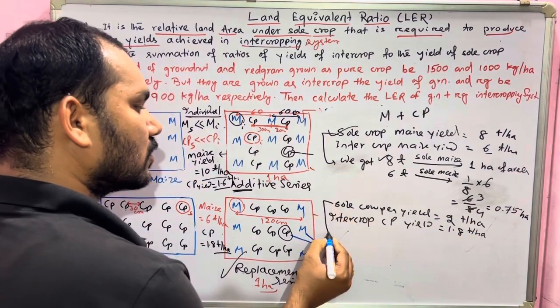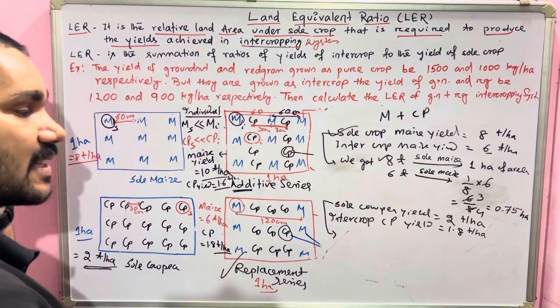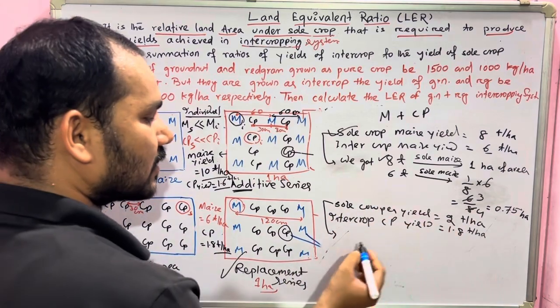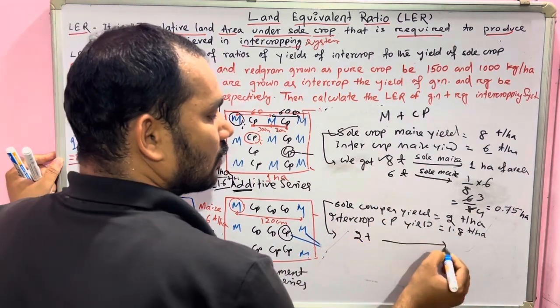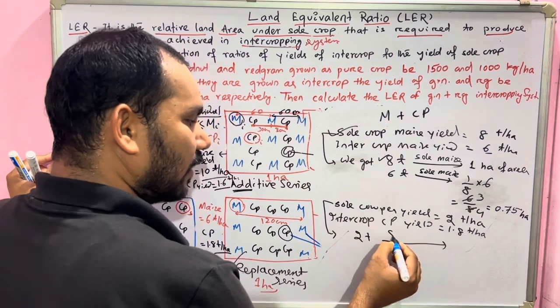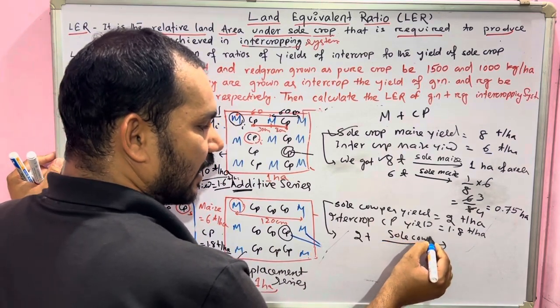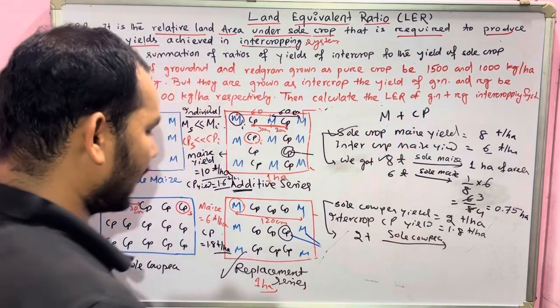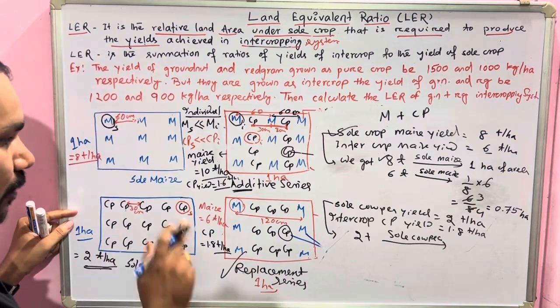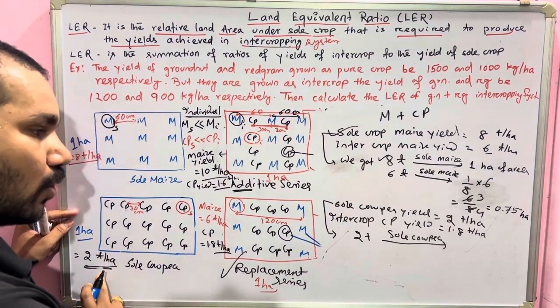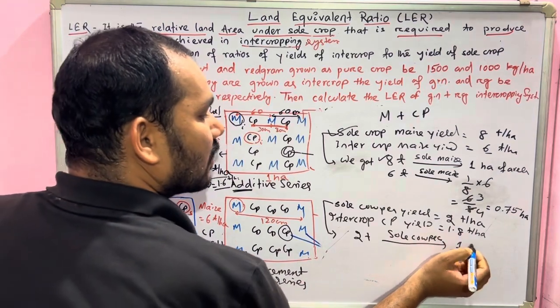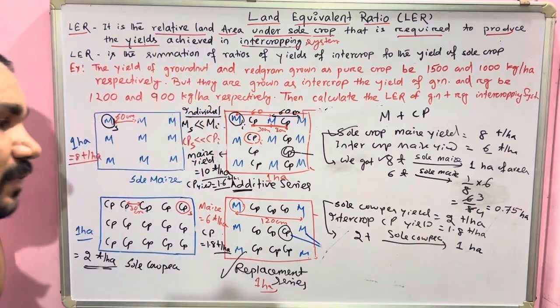So what is the meaning of sole cowpea yield? Sir, in order to get 2 ton of cowpea, in case of sole cowpea area, how much of area is required? Sir, 1 hectare area is required.